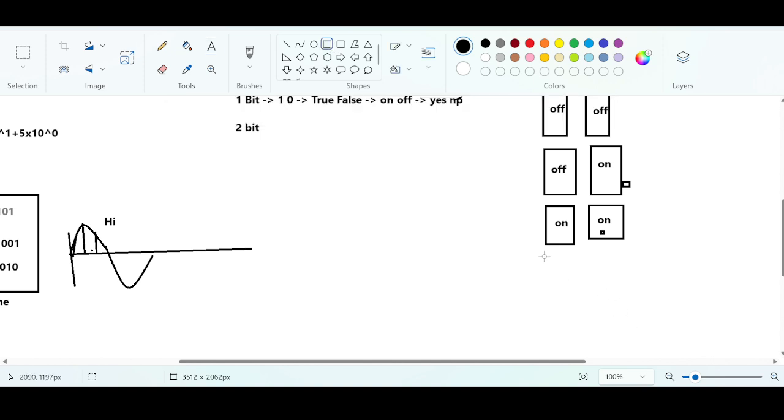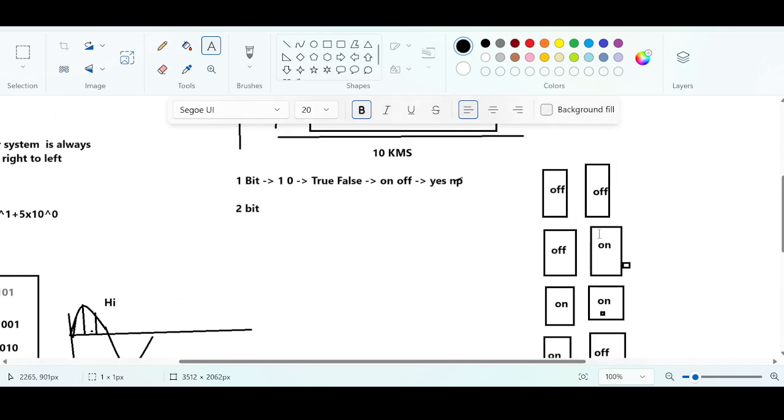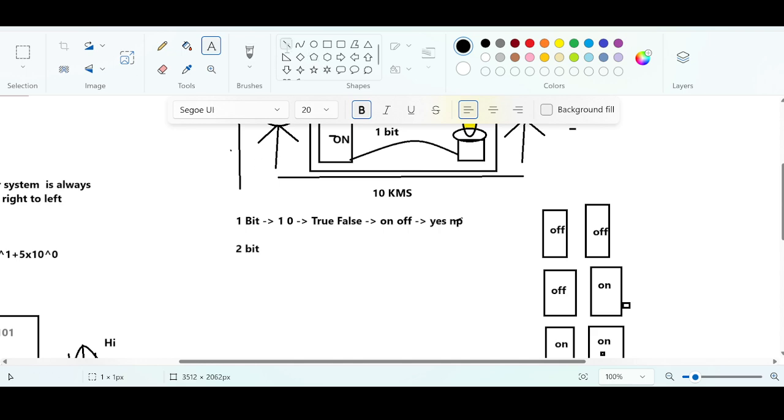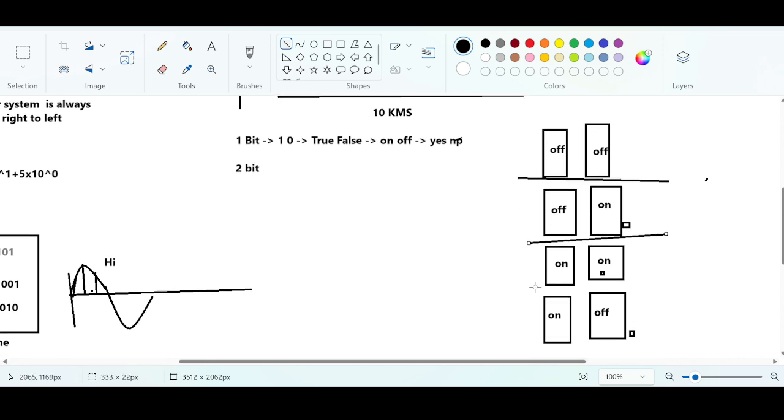Off, off. I mean on, off. So with 2 bits, you can end up in how many possible combinations? 1, 2, 3, 4 possible combinations.